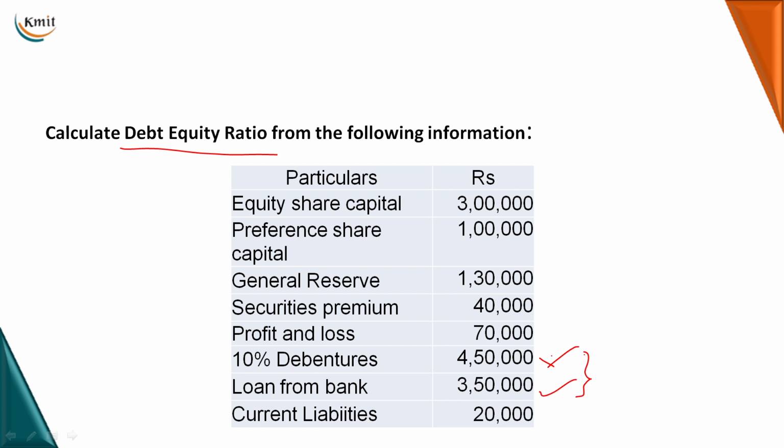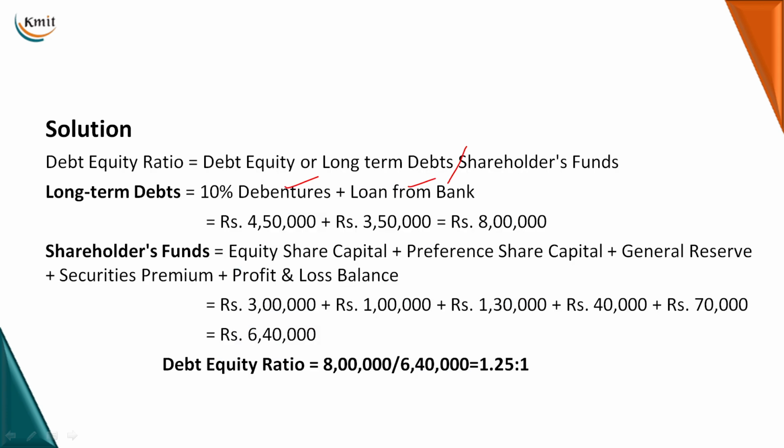Your insiders fund or shareholders fund will take into consideration the equity share capital, preference share capital, general reserve or a specific reserve if it is given, securities premium, as well as profit and loss balances. These are all the items included in the calculation of the shareholders fund or insiders fund.